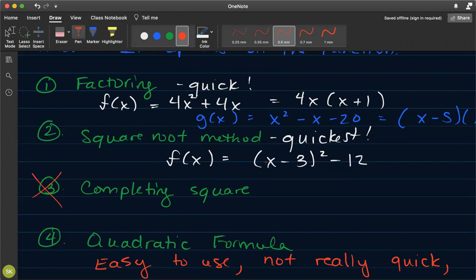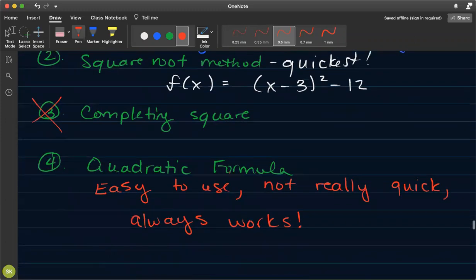The square root method, if it's not written in this nice way, sometimes it's going to take a lot to get to something that looks like this by rearranging that formula. But with the quadratic formula, you just have to figure out what A, B, and C are, and then you can just plug everything in. And it's easy to use.